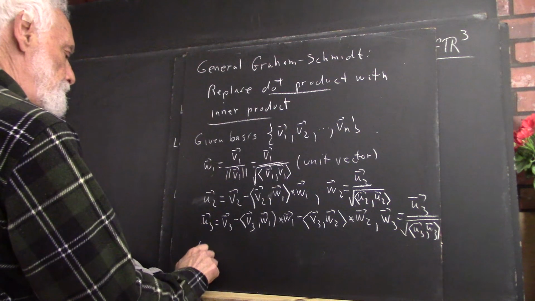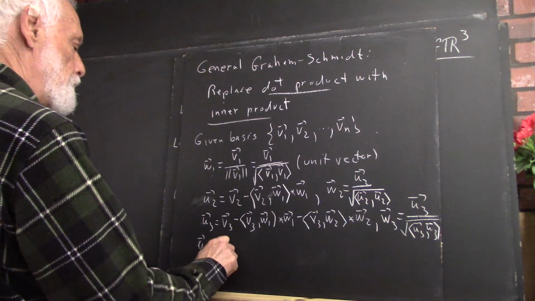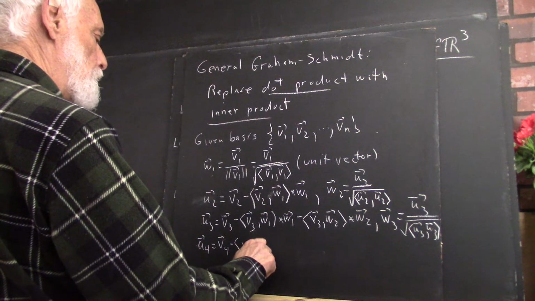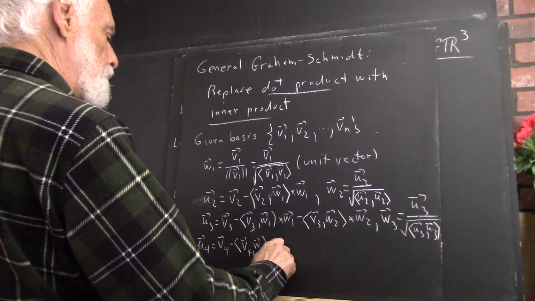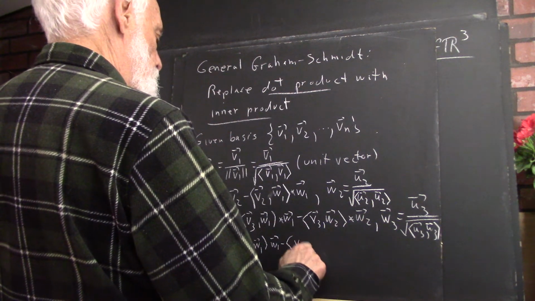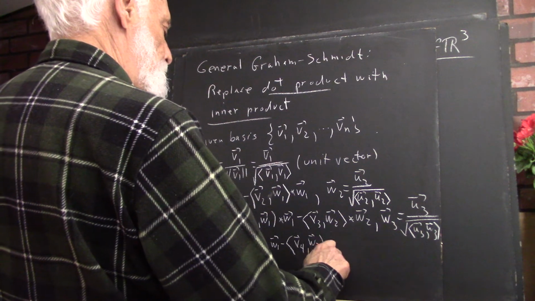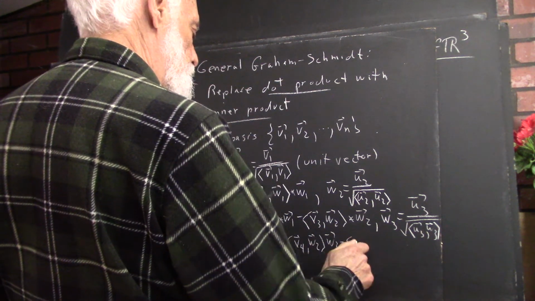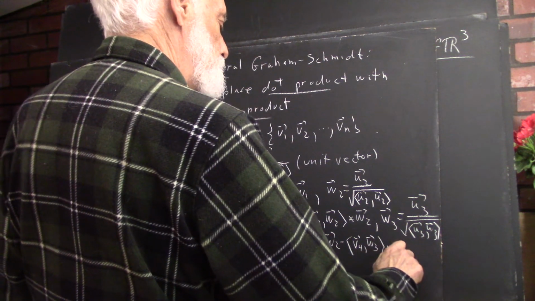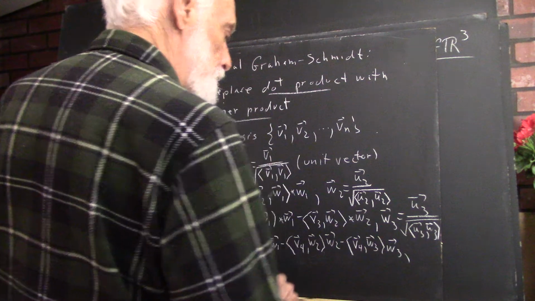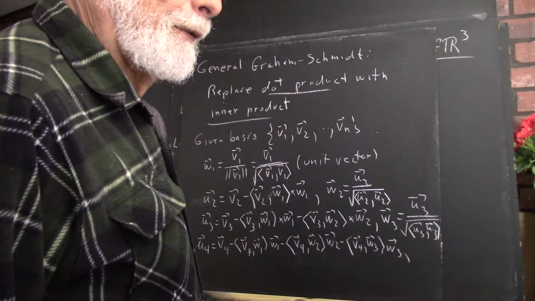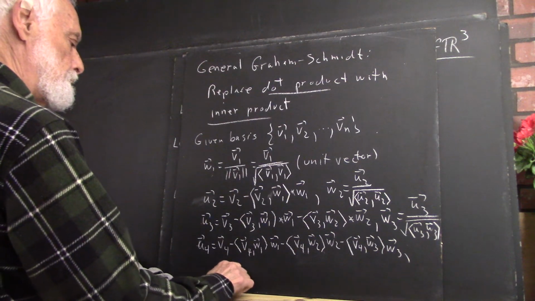And then U4 would equal V4 minus the inner product of V4 with W1 times W1 minus the inner product of V4 with W2 times W2 minus the inner product of V4 with W3 times W3, and I'm not going to write it out, but W4 would then be U4 divided by the magnitude of U4. And that's it.